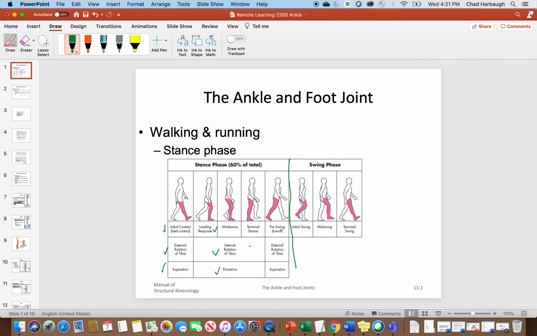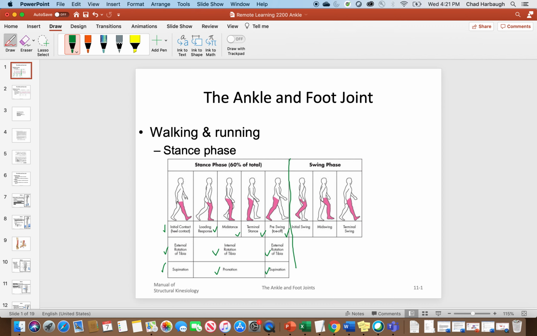And then you can see that this area is fairly large. So we see a loading response, mid stance, and terminal stance. And this is just going to be the transfer of weight coming over into a standing position. The last position is going to be the pre-swing. And with the pre-swing, what we see is, again, external rotation of the tibia.